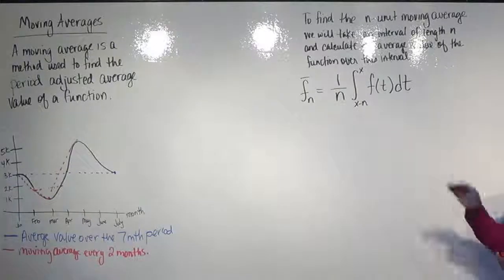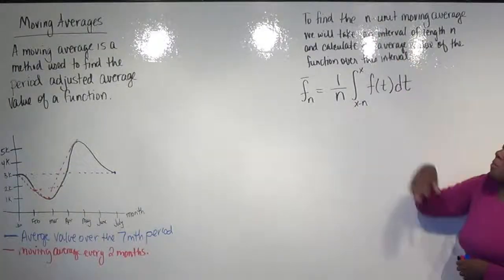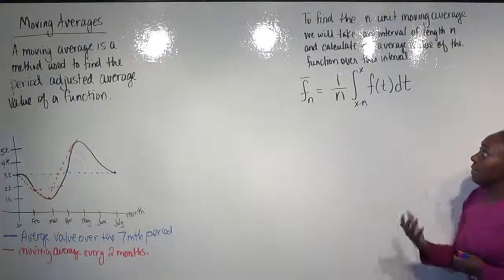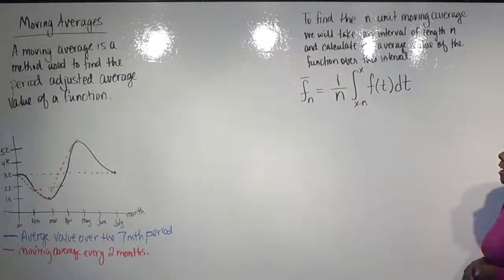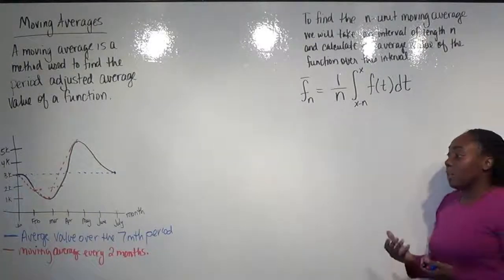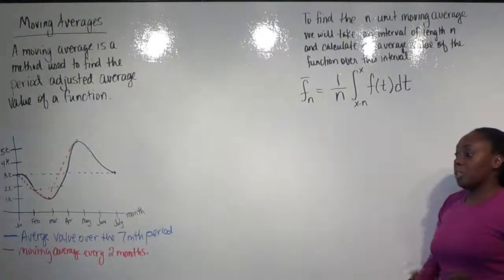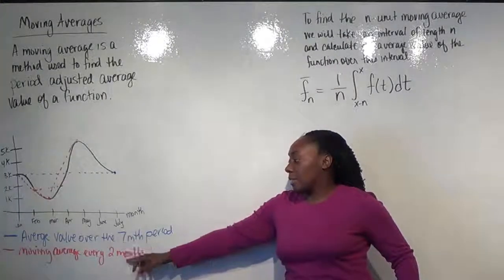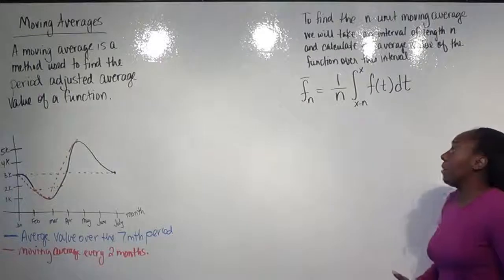So to find what we call the n-unit moving average, we'll take an interval of length n and calculate the average value of the function over that interval. Now again, depending on what our function is and what the units are, these can be very different subperiods.